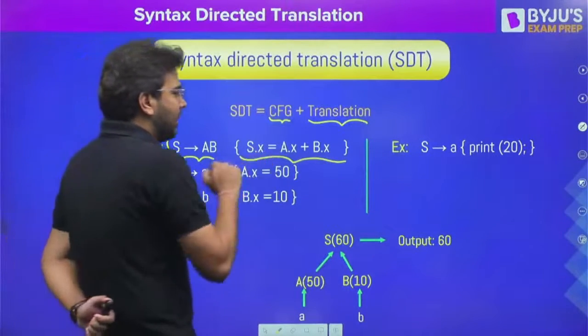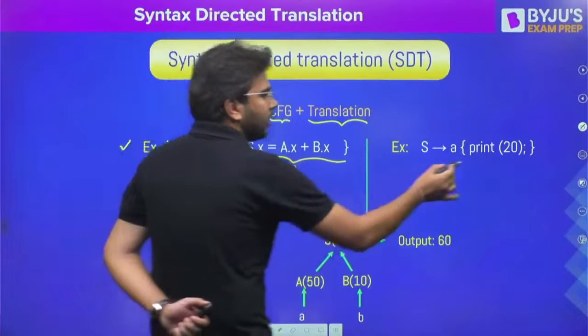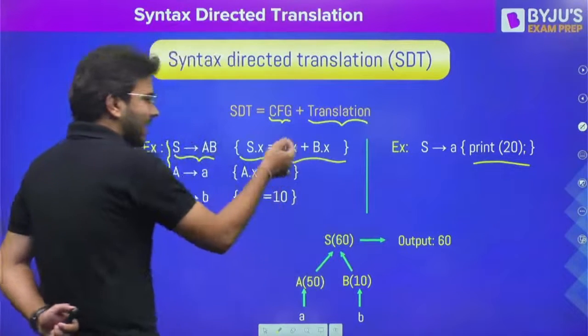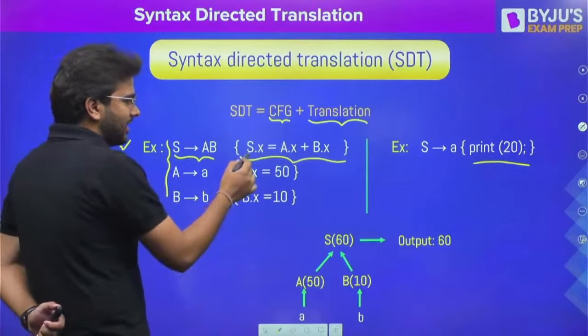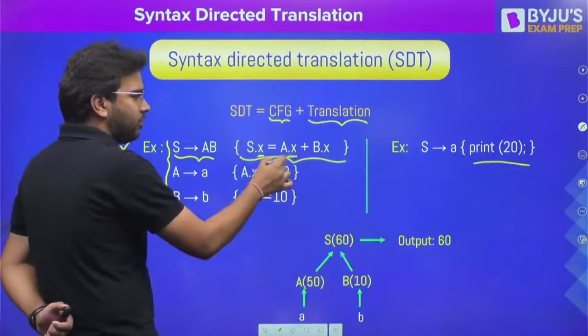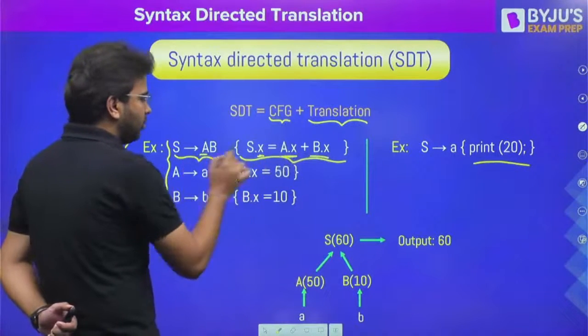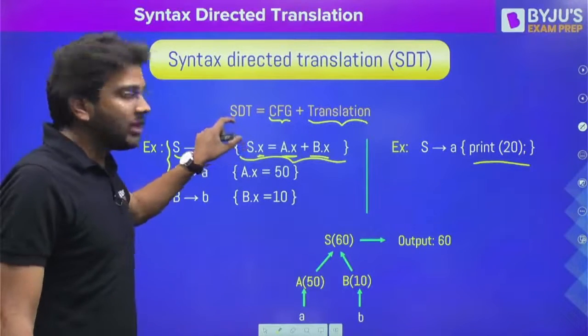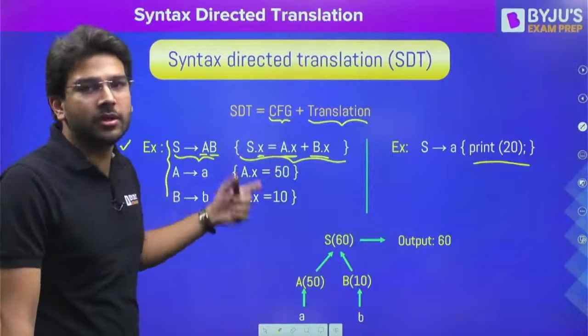This translation can be anything. You can perform some action, like here you are just printing 20. Here you are assigning some values. Let's say S has some attribute X and it takes the value of the attribute of A plus the attribute of B. So here we can have attributes associated with the non-terminals as well as the terminals.